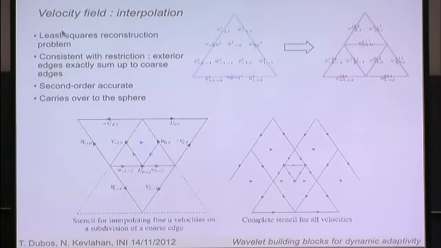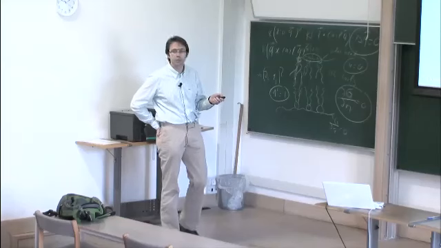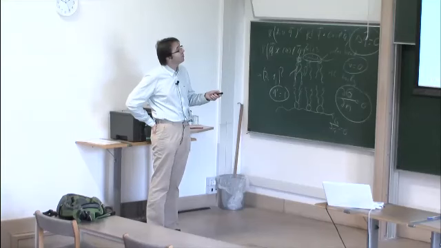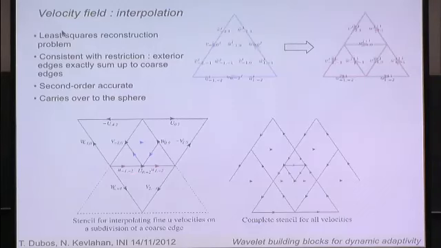Okay, so now I need an interpolation formula, to go from this coarse grid to this fine grid. So I will need additional information from my neighbors if I want better than first order interpolation. You can do it several ways, but that's the way we did it. So we consider this triangle and we add this neighboring information.